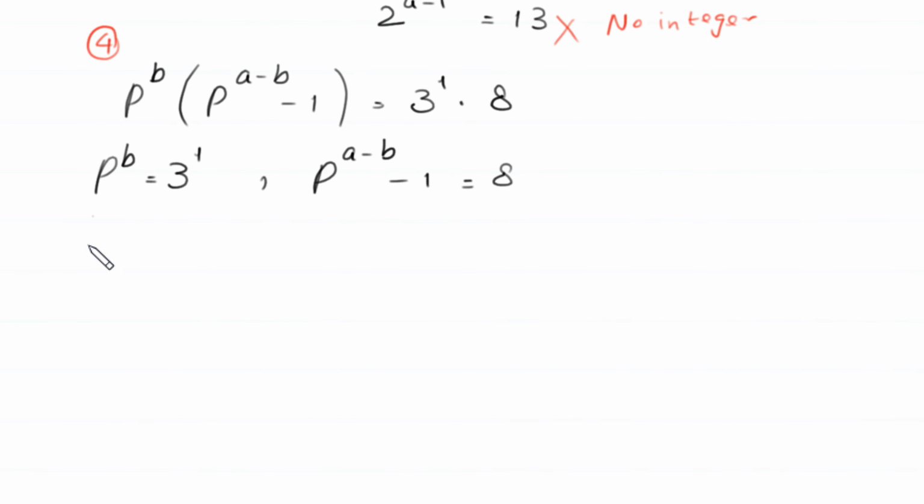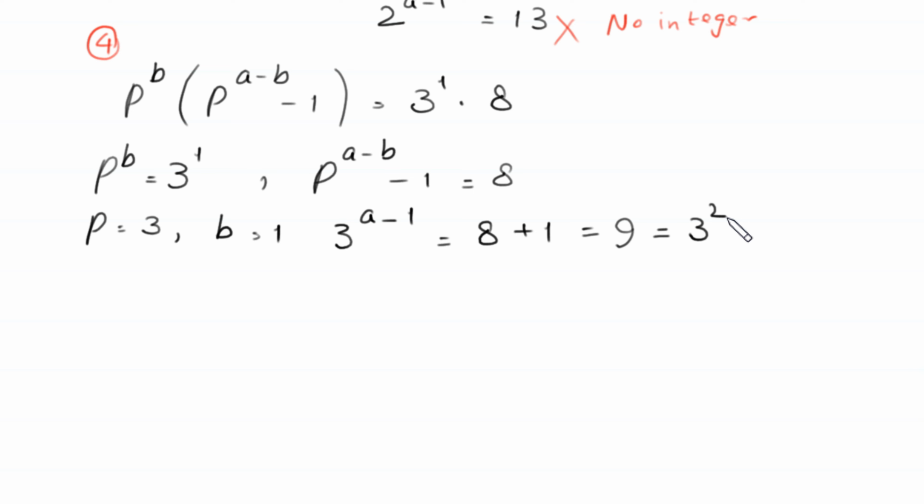Now from this equation, p is equal to 3 and b is equal to 1, and we replace this p with this 3, and this b with this 1, so 3 to the power a minus 1 minus 1 is equal to 8. This negative 1 becomes plus 1 at the right side. This 8 plus 1 is equal to 9, and this 9 can be written as 3 squared.